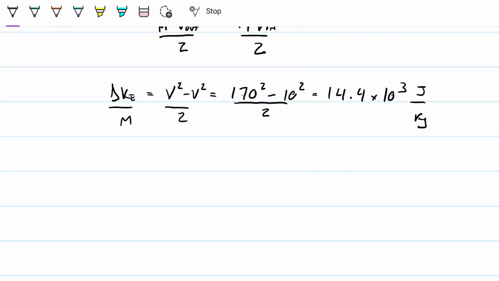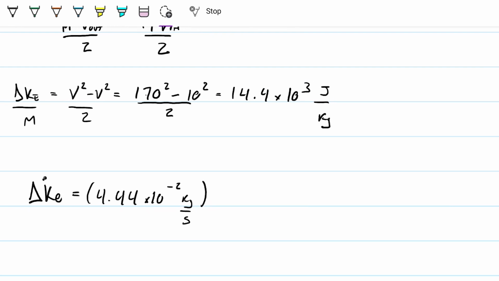Okay, so now we need to get rid of this mass over here. So if I want to know the rate, I'm going to multiply it by the 4.4 times 10 to the minus 2, and that is kilograms per second, multiplied by the joules per kilogram.